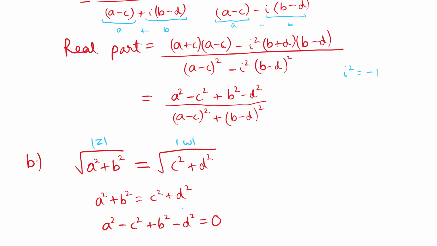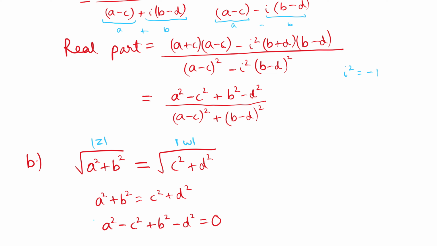Now from here, if I square both sides, the square root is cancelled out with the square. So we are left with a squared plus b squared equals c squared plus d squared. Now if I move c squared plus d squared to the left hand side of the equation, we have a squared minus c squared plus b squared minus d squared, and this is equal to 0.